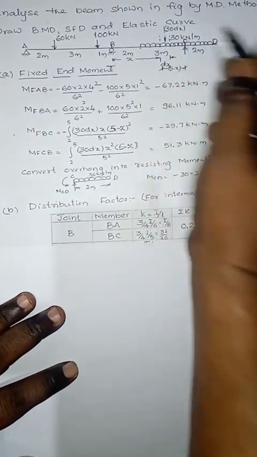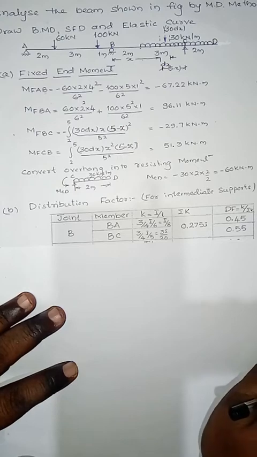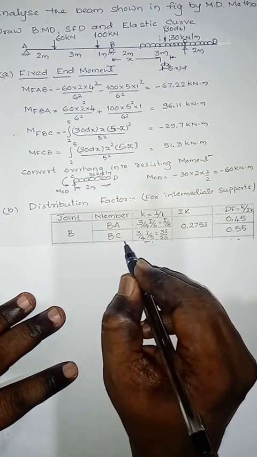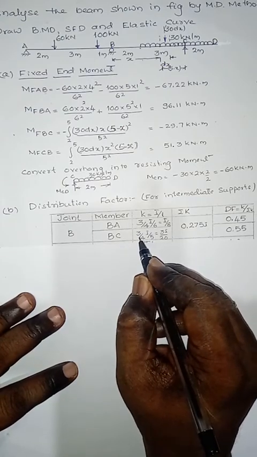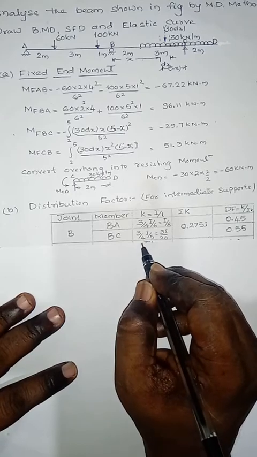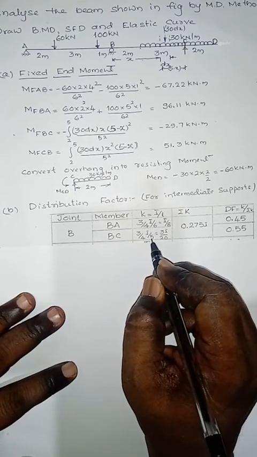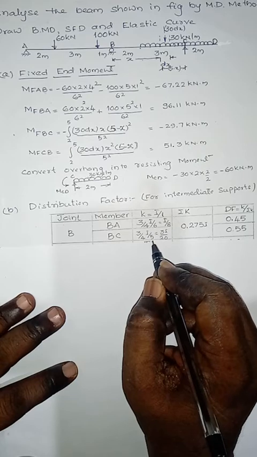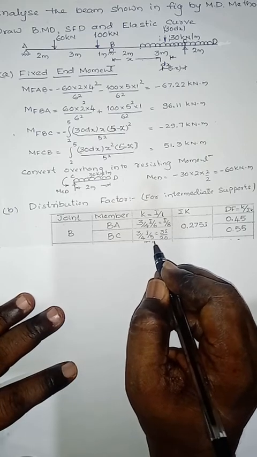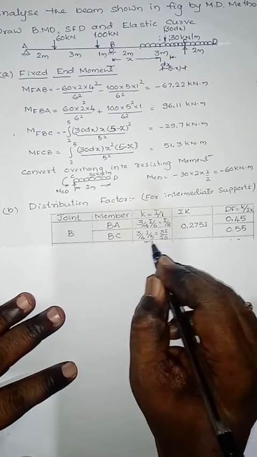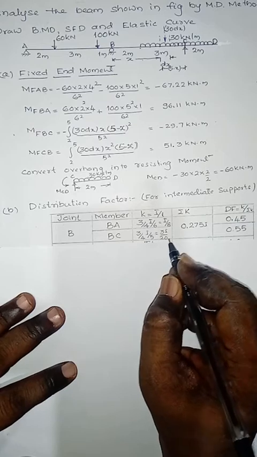If it is fixed, then K equals I by L. With respect to B, C is not continuous, hence it is on simple support, that is 3/4 of I by L. I is the moment of inertia, L is the length of BC, that is 5 meter. Then 3I by 4 into 5, that is 3I by 20.